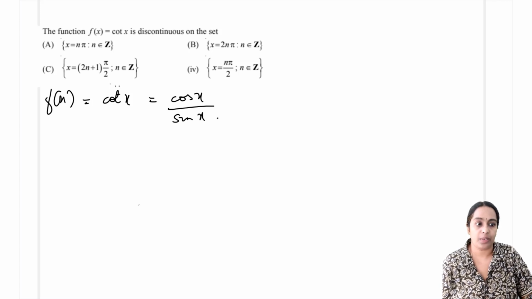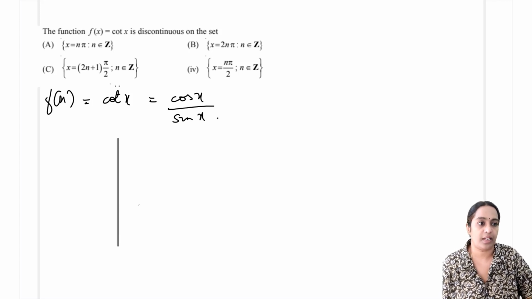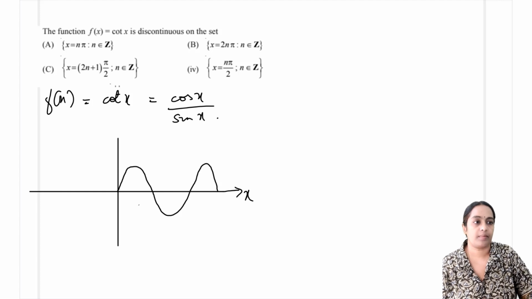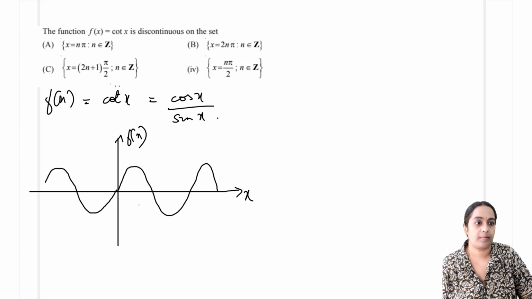Now let's look at the sin x, the denominator sin x graph. So this is the sin x graph.